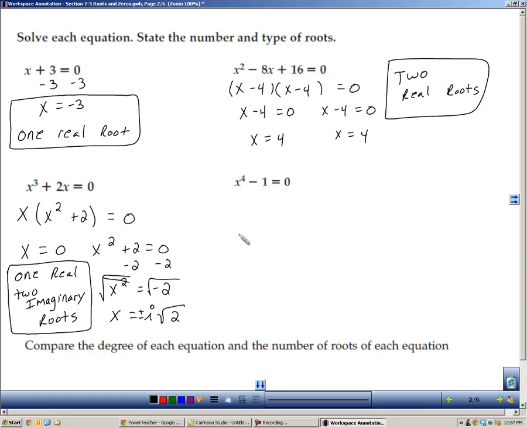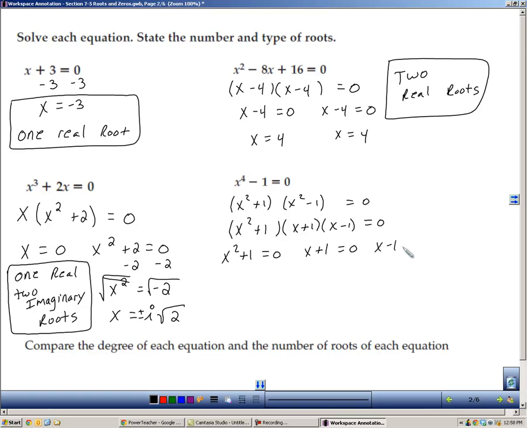Over here we have a fourth degree. This is a difference of squares, so it becomes x squared plus 1 and x squared minus 1. X squared minus 1 is a difference of squares again, so I can break that up into x plus 1, x minus 1. Again, zero product property will set each one of these equal to 0. So the second and third one, x is going to equal a negative 1, and here x will equal a positive 1.